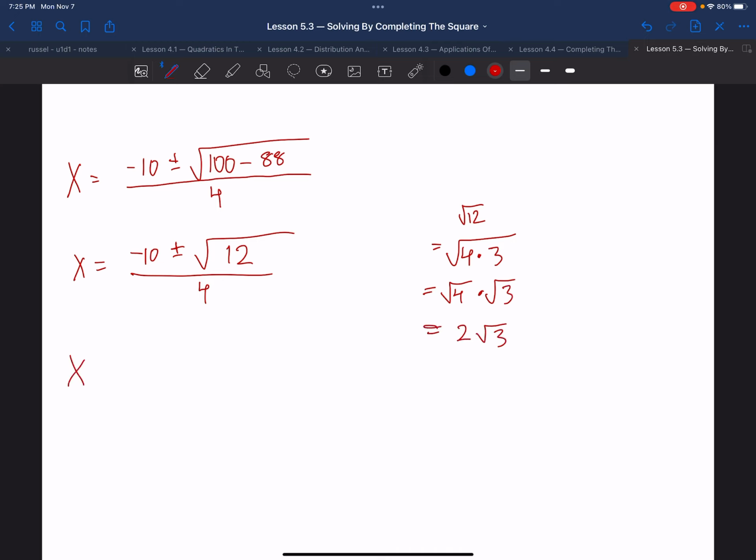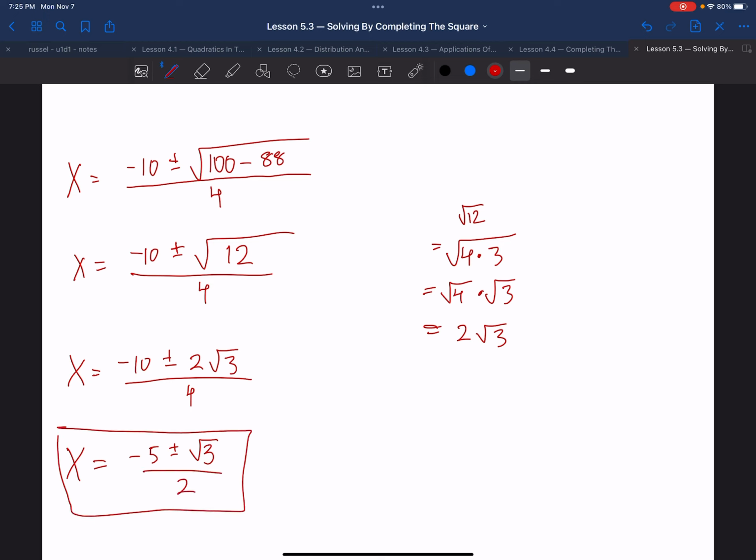So then x equals negative 10 plus or minus 2 root 3 over 4. And now if I divide everything by 2, there's a common factor of 2 between the numerator and denominator. Then x equals negative 5 plus or minus root 3 over 2. And that is our answer.